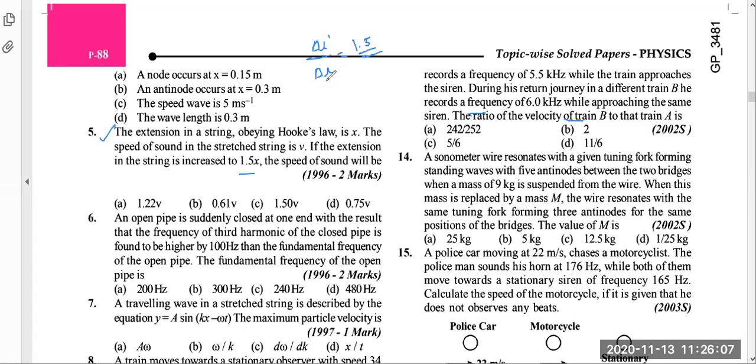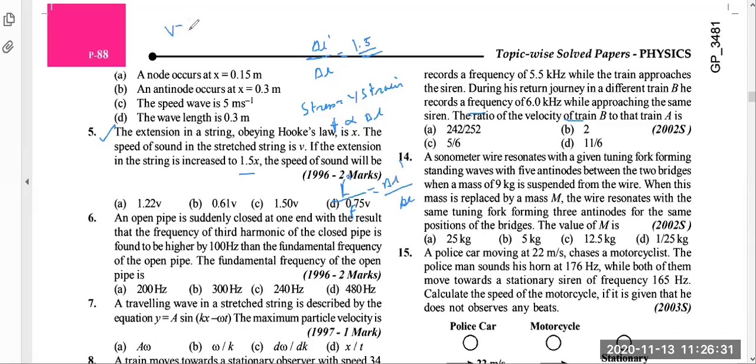So if you relate this to the concept of stress is equal to Y into strain, basically force is directly proportional to delta L. So F dash by F is equal to delta L dash by delta L.